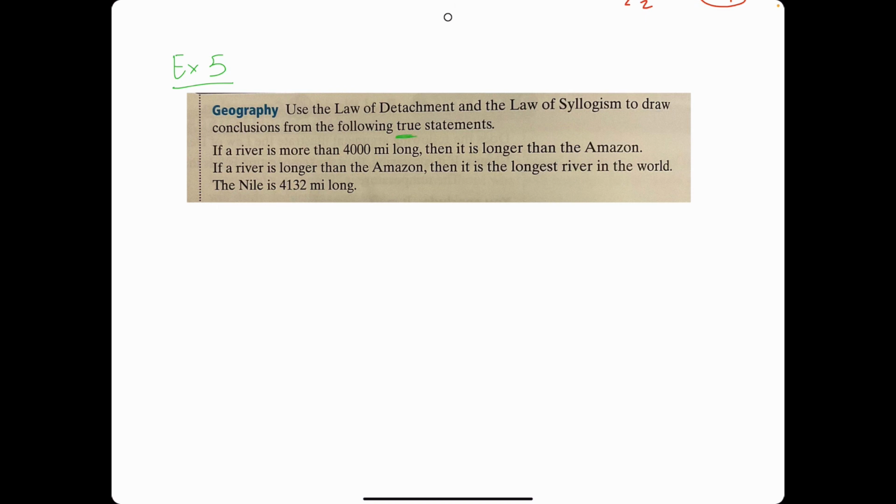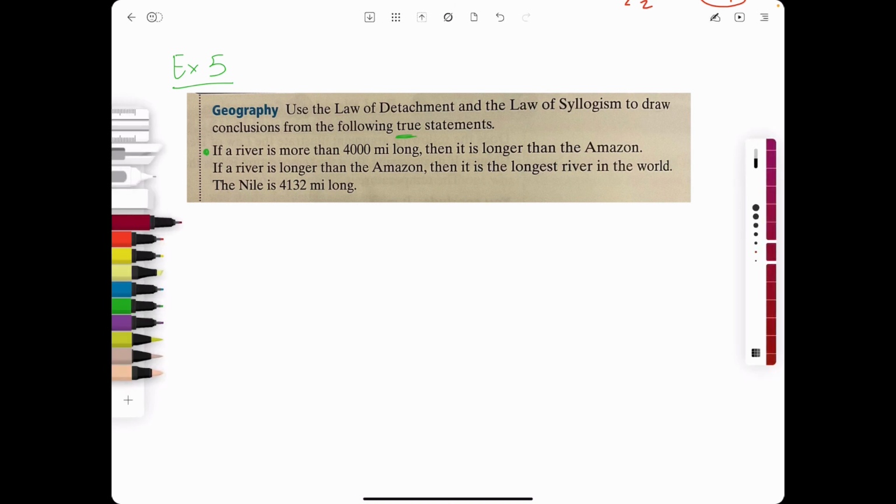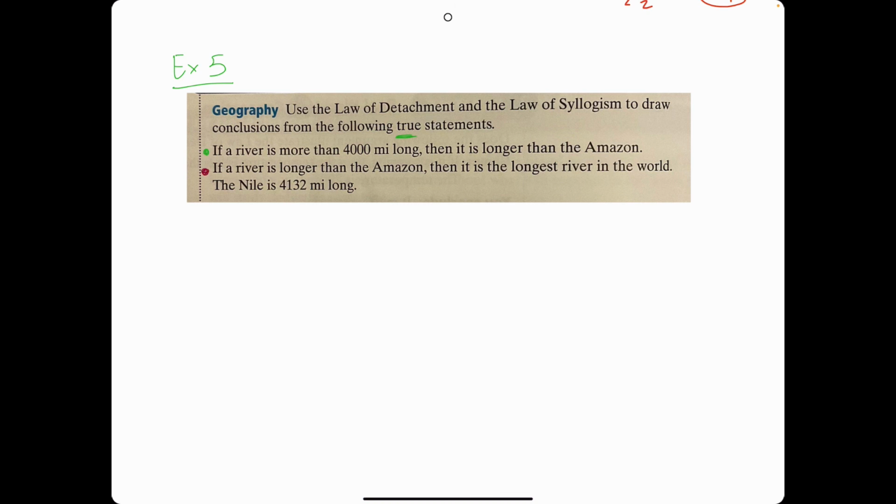They're already telling us it's true. So here's the first one. If a river is more than 4,000 miles long, then it is longer than the Amazon. Okay, so the Amazon must be really long. Our second true conditional: if a river is longer than the Amazon, then it's the longest river in the world.